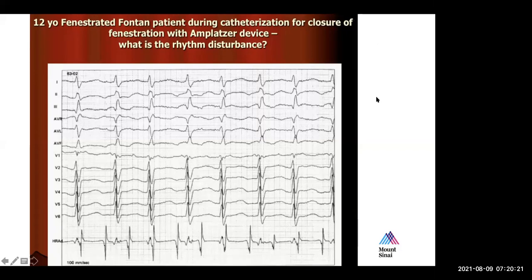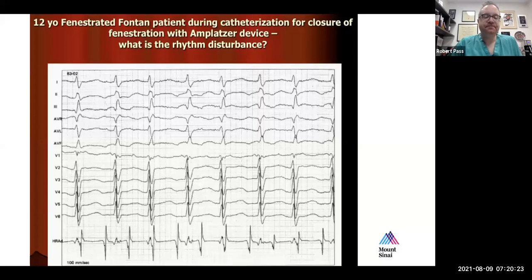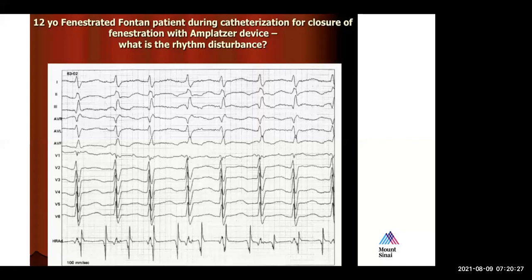Hi, Dr. Bass. Hi, Perna, how are you? I'm just trying to correlate with the surface leads, the HRA catheter. And the QRS correlating.